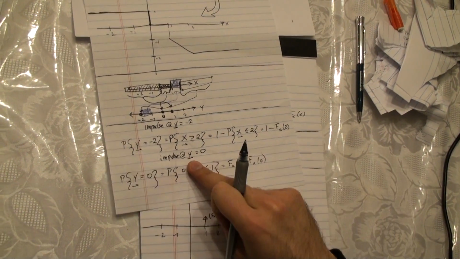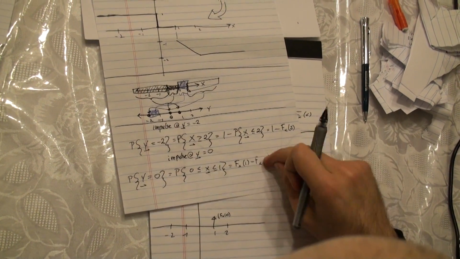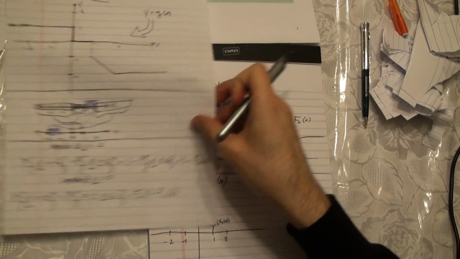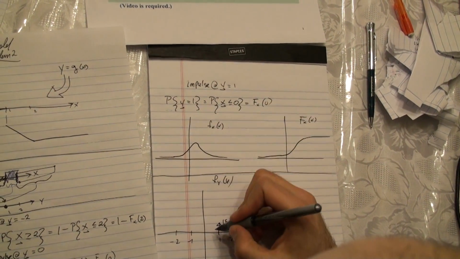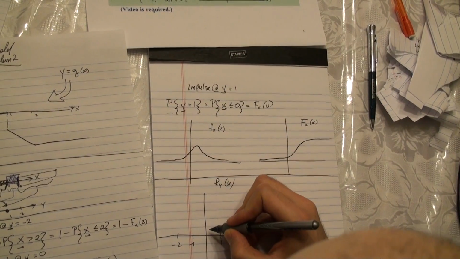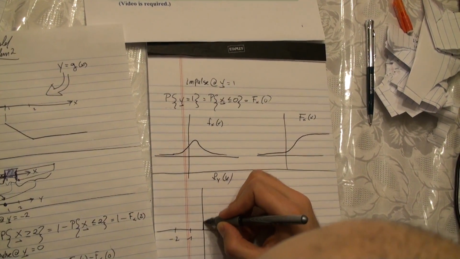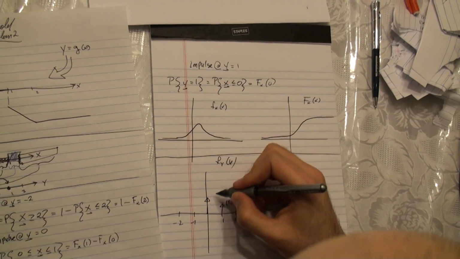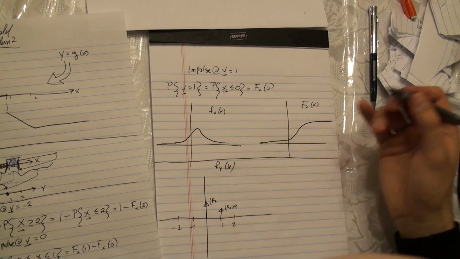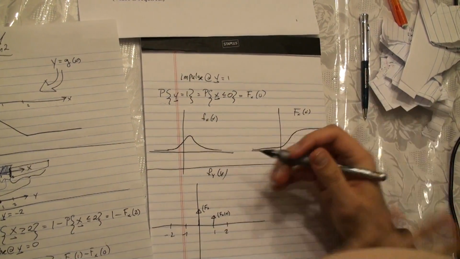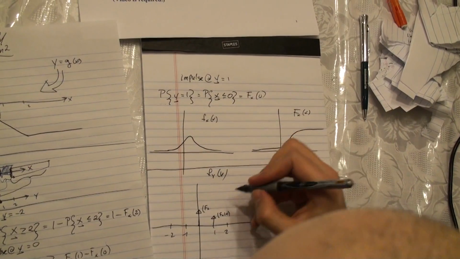The impulse at y equals 0 is going to be this difference. So it's going to look something like this. Again, we're not totally sure about the heights and everything because we don't have any numbers for these guys. These are just sketches.